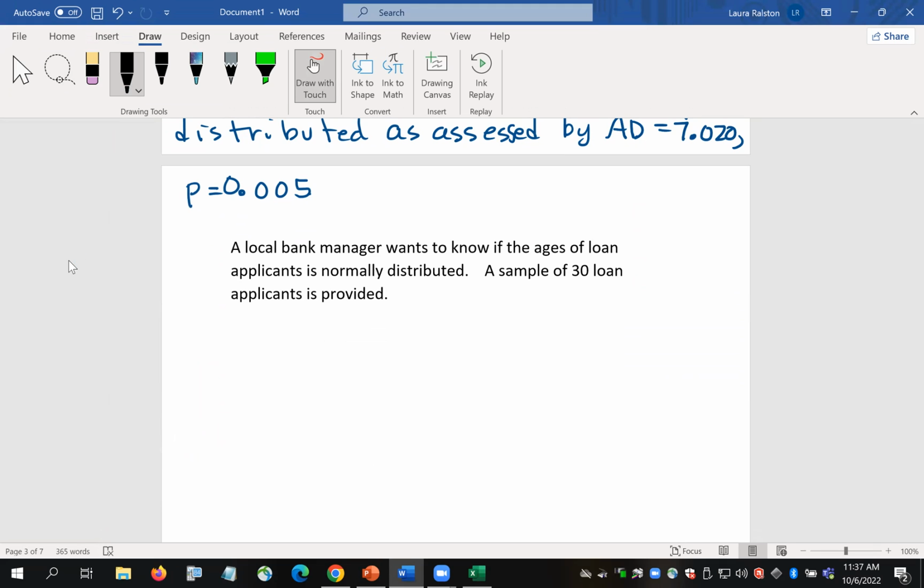So again, if you want to think about this formally, your question here would be, are the ages of loan applicants normally distributed?